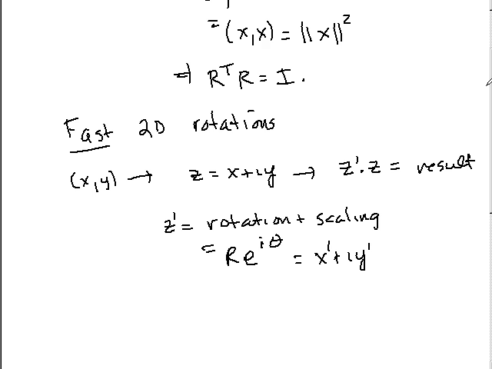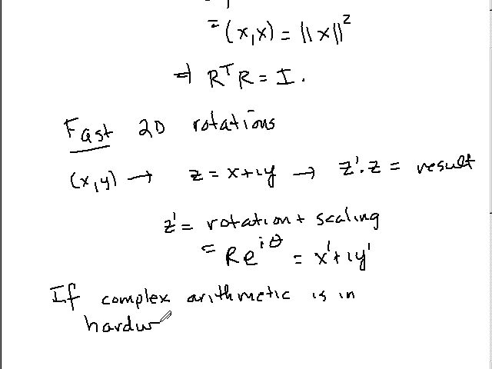Now, if you have the ability to do complex arithmetic in the hardware, so if the complex arithmetic can be done as a hardware multiplication, this can be very fast. In the hardware, this implies it's fast.